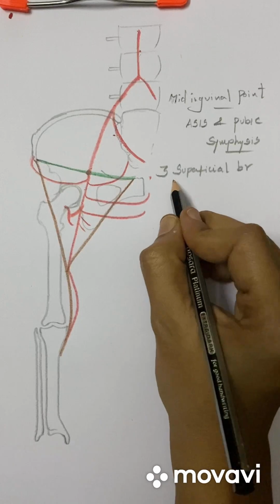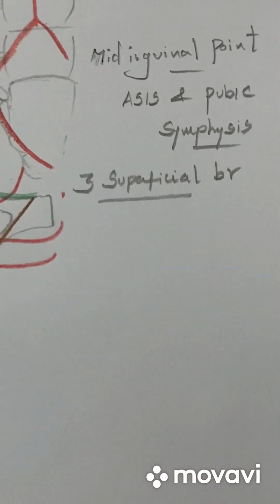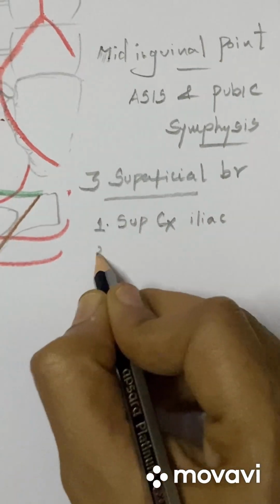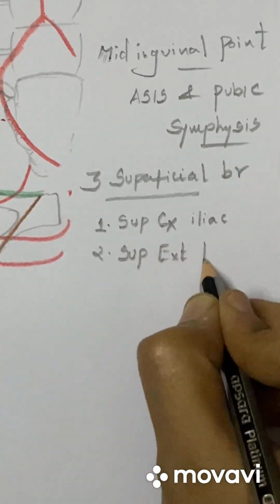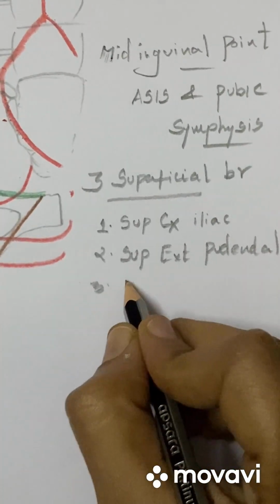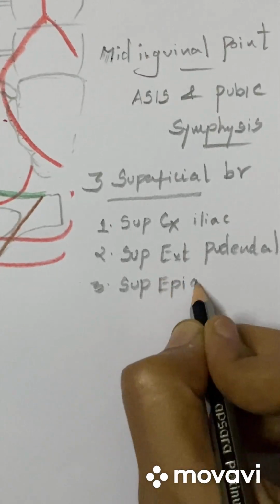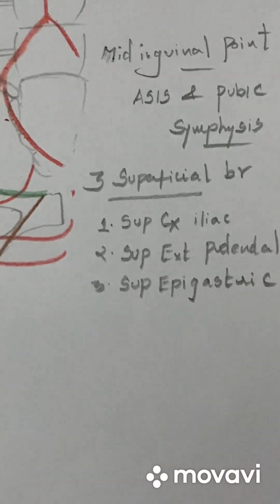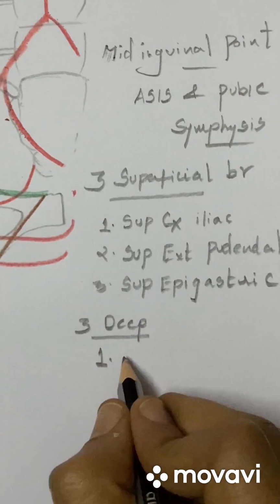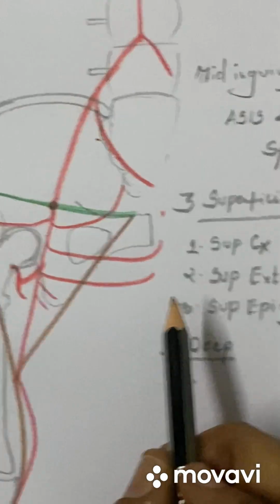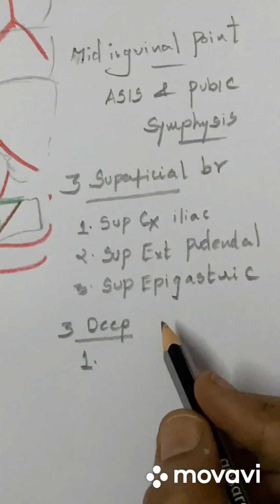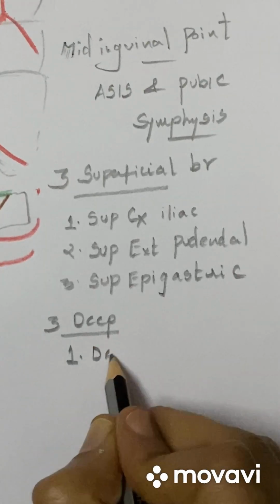Now the three superficial branches are superficial circumflex iliac artery, superficial external pudendal artery, superficial epigastric artery. The three deep branches are: we have one corresponding artery for superficial external pudendal, that is deep external pudendal.